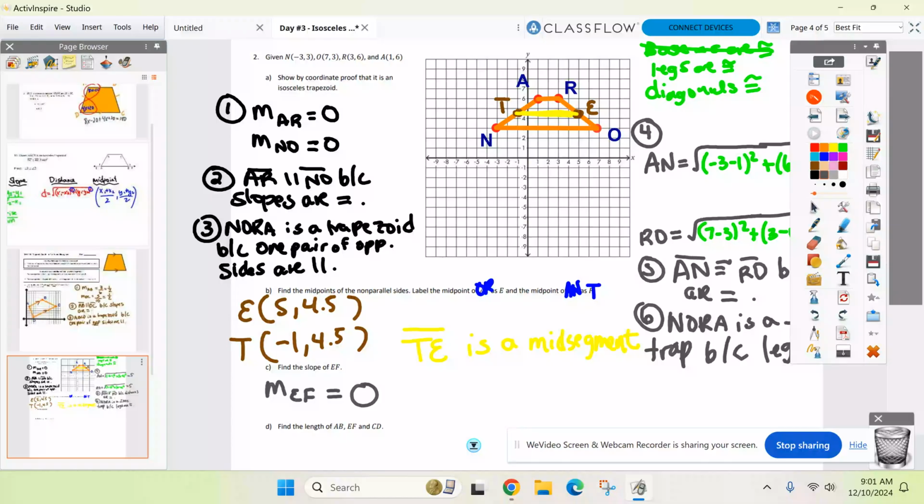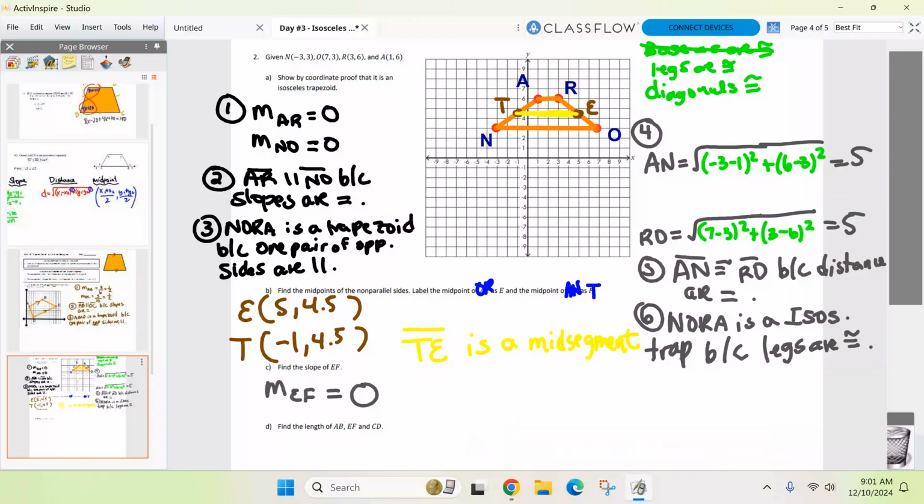The legs were the congruent parts, but the parallel sides were the... Did I not give it to you? Bases? Did I not give that to you? That's my fault then. The parallel sides are called the bases. Okay, the parallel sides are called the bases.